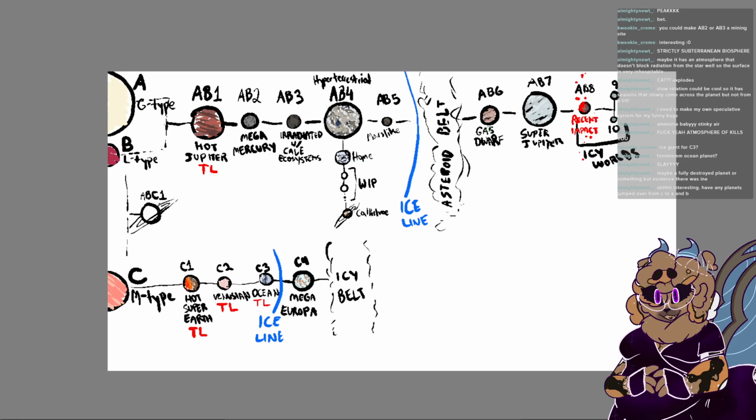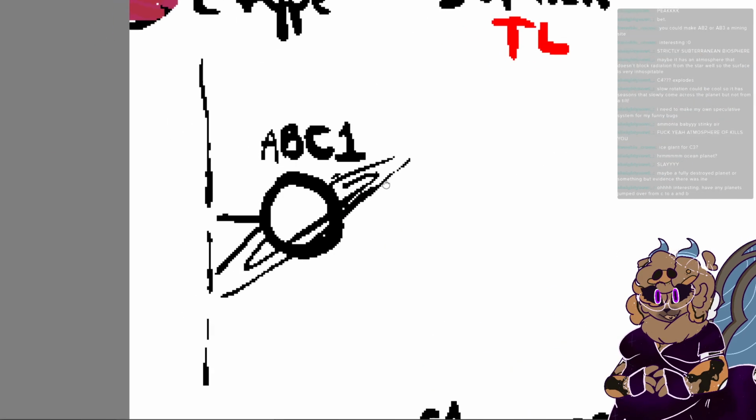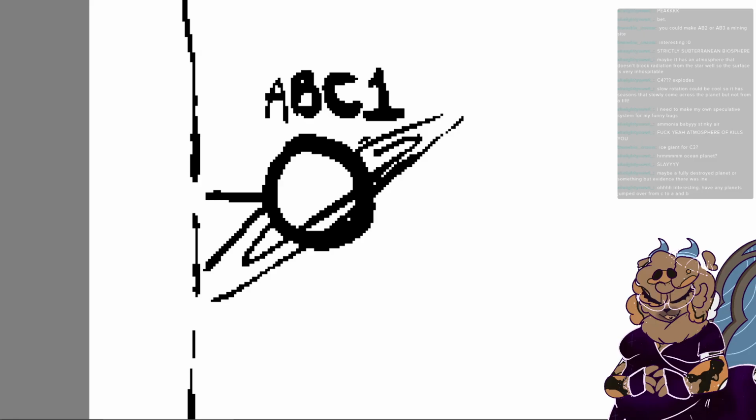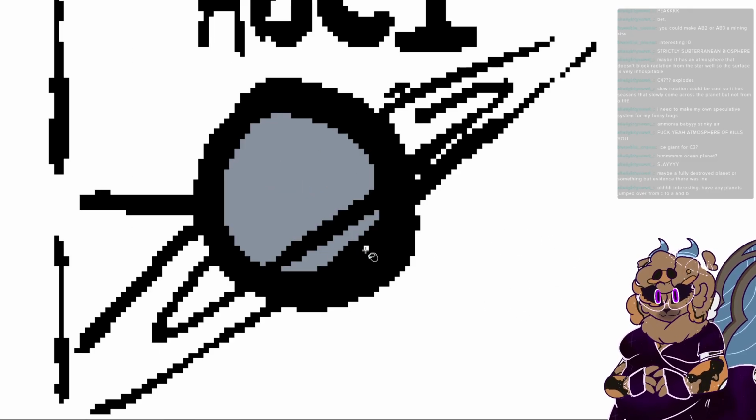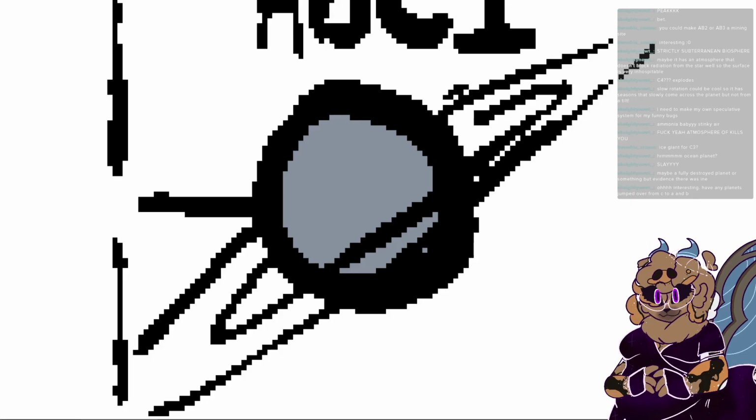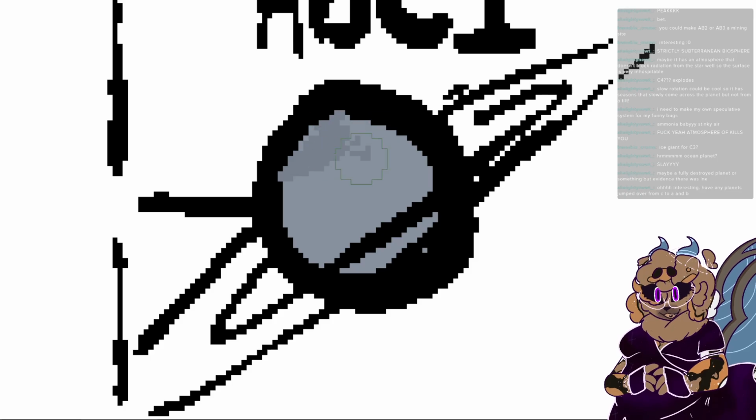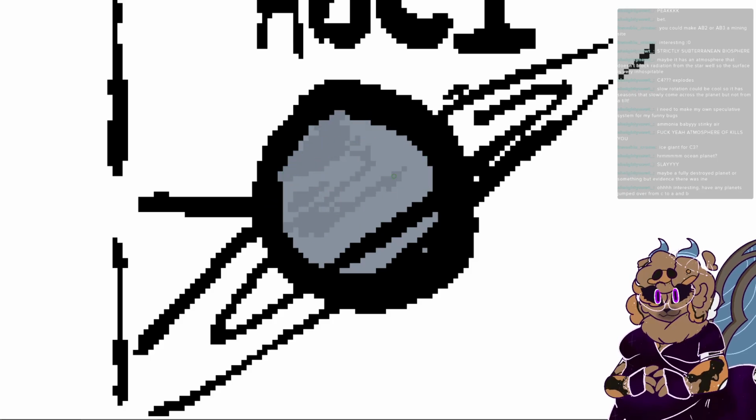We've got a gas dwarf, but we don't have any ice giants, so I'm going to have this be an ice giant that was ejected early on in the history of the system. And I'm going to have it be kind of a faint gray-blue. Almost like our real Neptune color, but a little bit darker. Kind of like that.